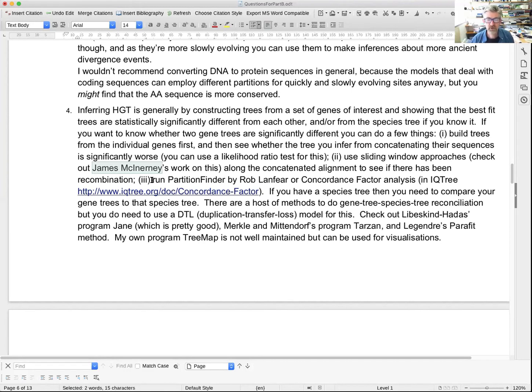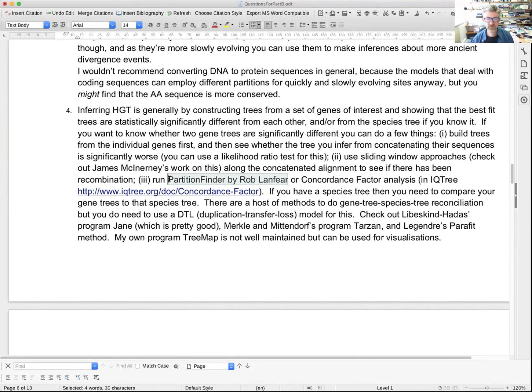Another option might be looking at something called PartitionFinder, which is created by Rob Lanfear and others, I think, or concordance factor analysis. PartitionFinder will seek to find the partitions of your data.